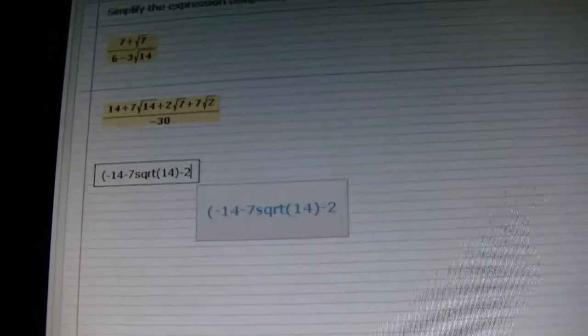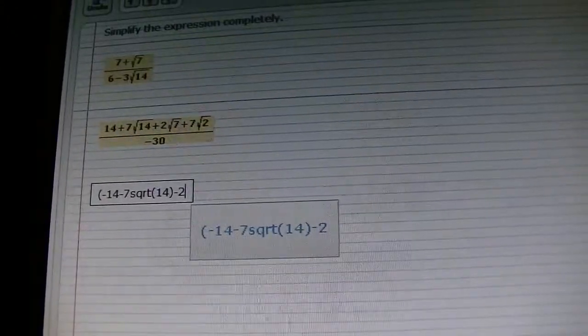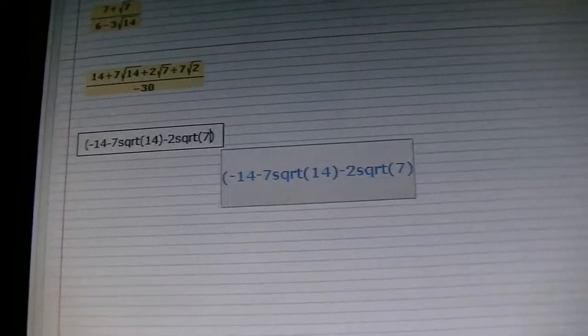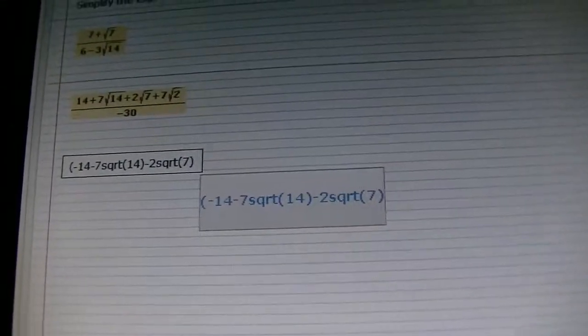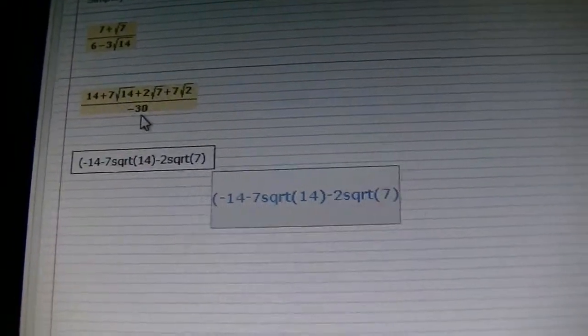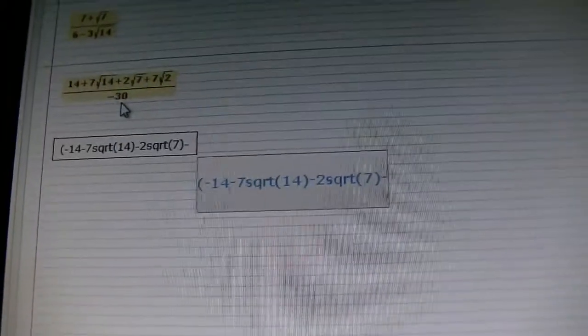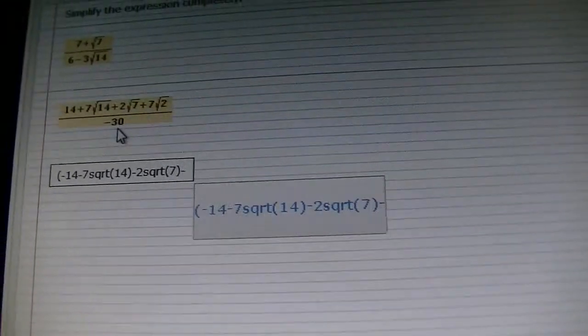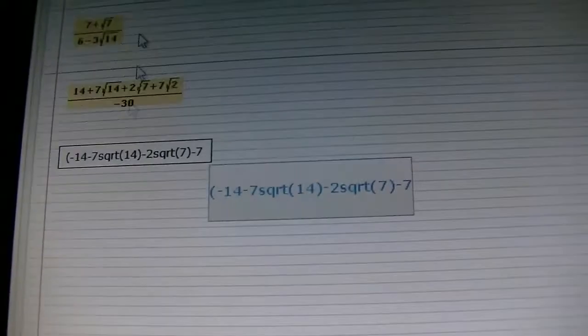Two and square root 7. And then go outside that parenthesis there, and then also a negative. So the negative is going to be distributed through each one of those terms, which is the most simplified form. 7, at least for our purposes anyway.